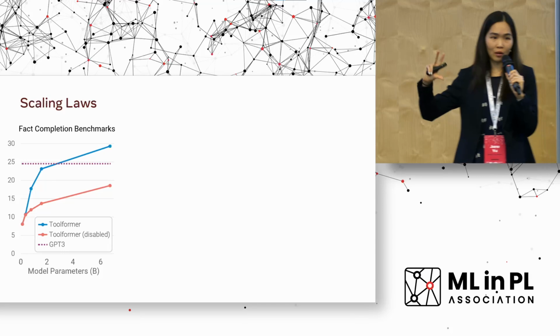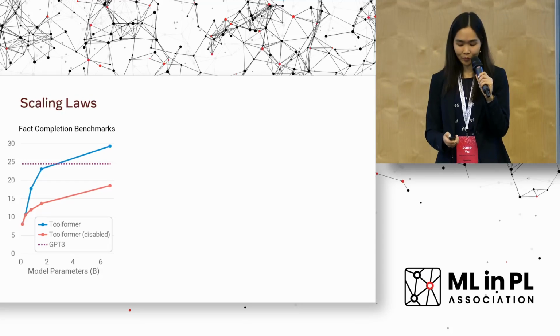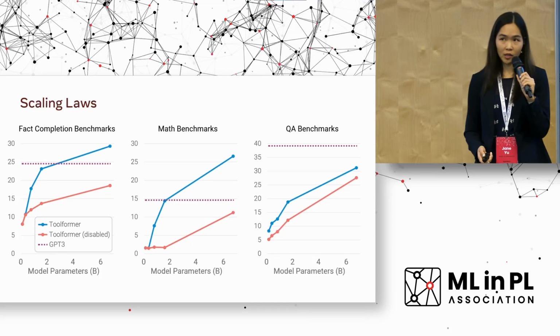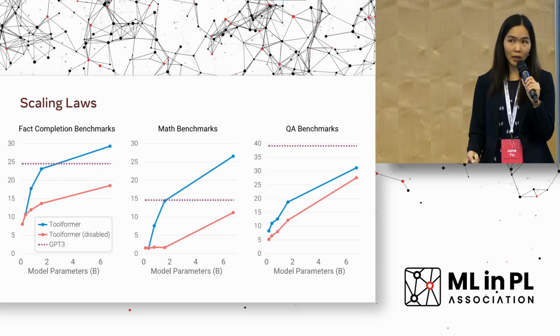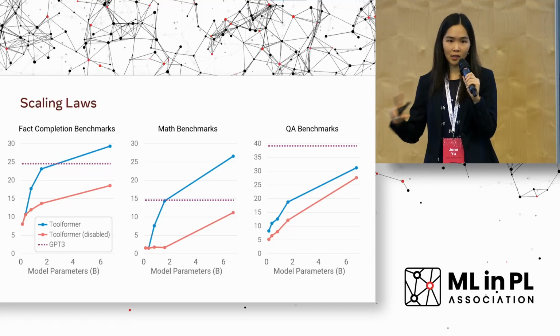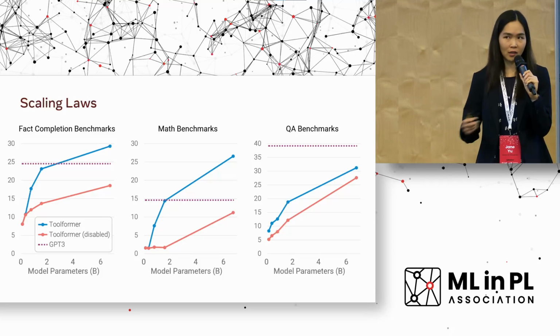And then this gap in performance is sustained for the rest of the sizes. We see the exact same thing for the math benchmarks. And we also see a very similar thing for the QA benchmarks. Even with the smallest size, you see this small performance difference, and this performance gap is sustained through the rest of the model's sizes as well.